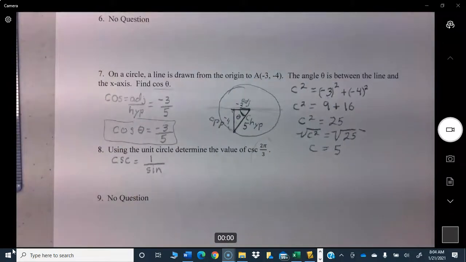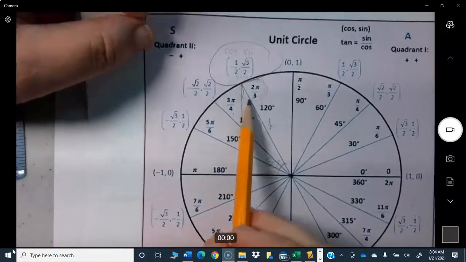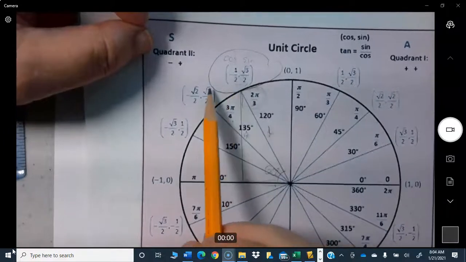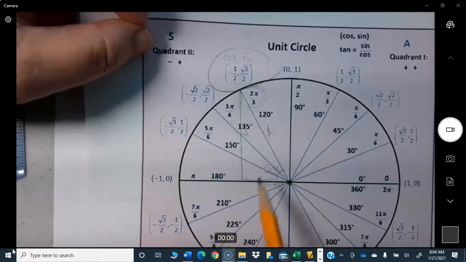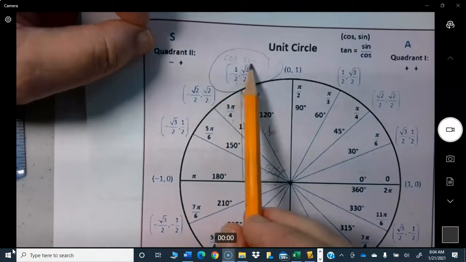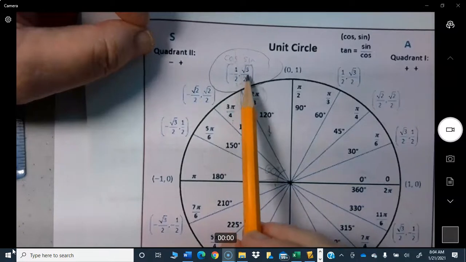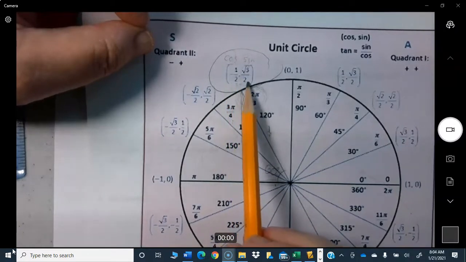And what's the sine of 2 pi over 3? So you get your unit circle and bring in the unit circle, and there's 2 pi over 3. And if we remember, we have these pairs of coordinates. The first one is the cosine and the second one is the sine. Okay, so the sine is positive, by the way, it's a little hard to see the sign, the positive square root of 3 over 2.